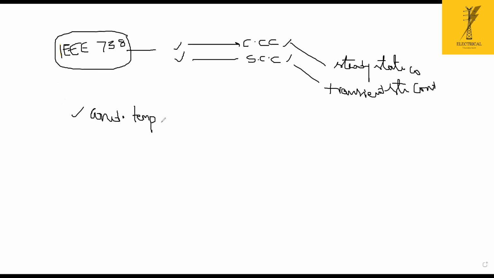We are assuming some conductor temperature like 50 degrees or 60 degrees, whatever it may be. And next, we are calculating the corresponding heat losses with a formula we already discussed, I square R T.